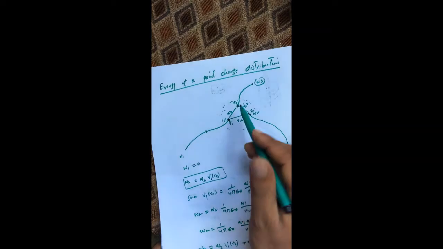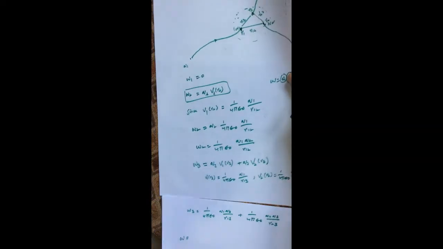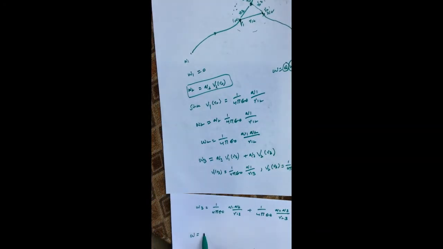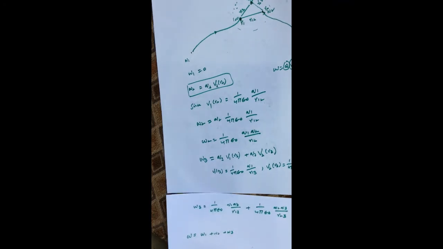Now the total work done in assembling all these three charges in this configuration will be W1 plus W2 plus W3.